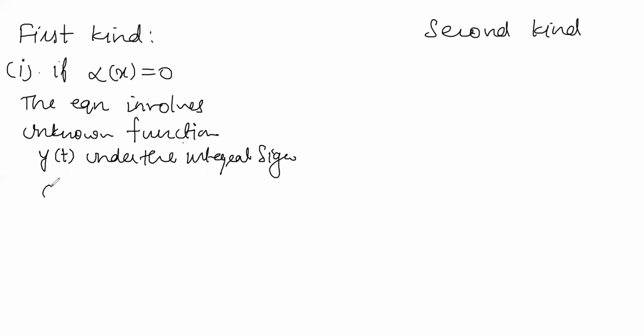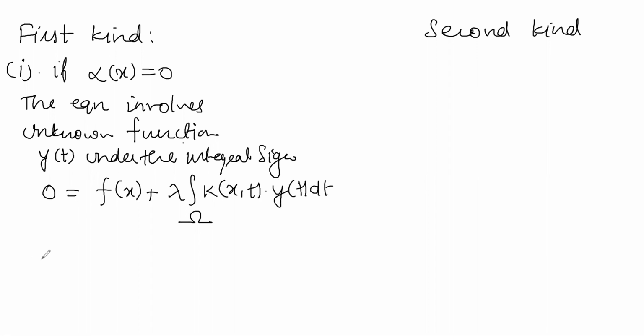So if it is 0, then I'll say 0 equals some f of x plus lambda times the integral from a to x, or in fact, let me not write a to x, just write omega so that you get the flavor that it is for both these things, of y of t dt.